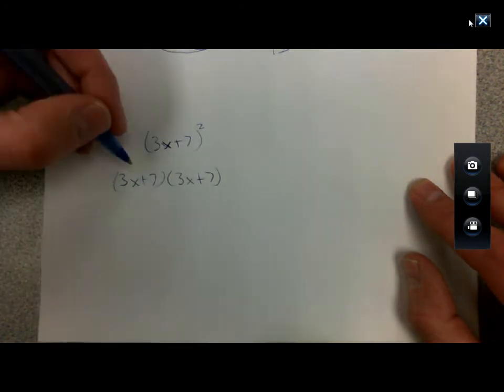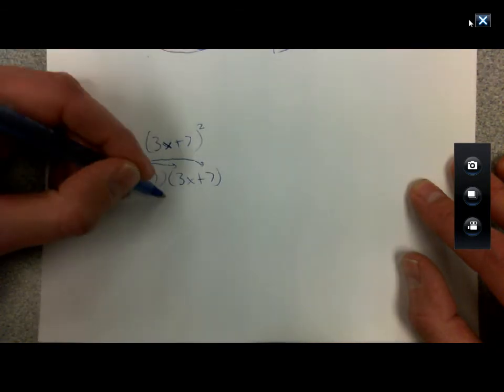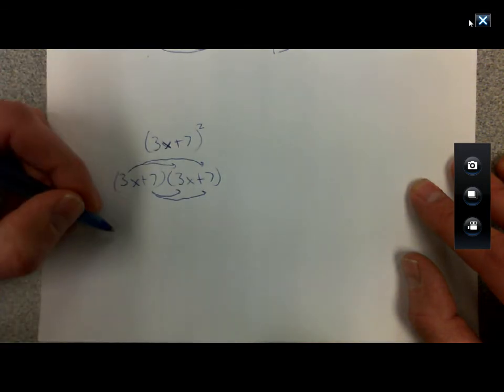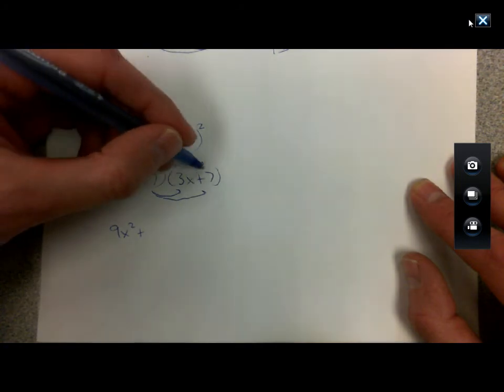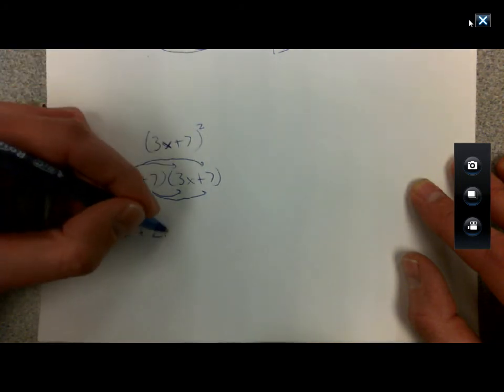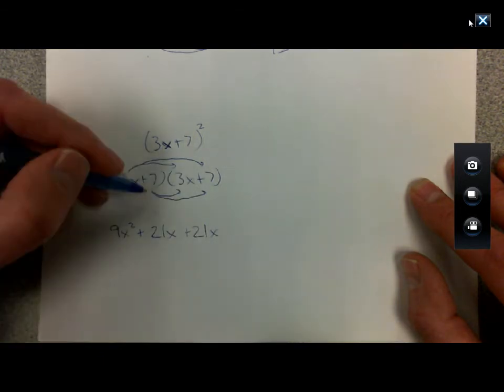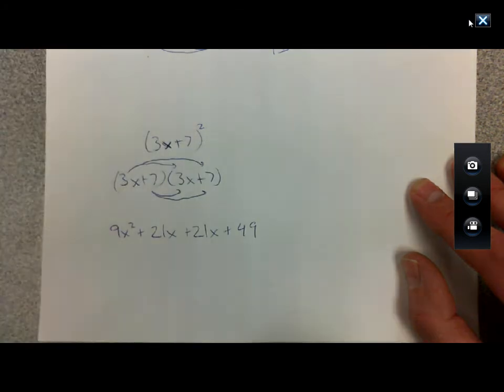Now we can distribute. 3x times 3x, 3x times 7, 7 times 3x, 7 times 7. We get 9x squared plus 3x times 7, so I'm going to get 21x. 7 times 3x, another 21x. 7 times 7, I'm going to get 49.